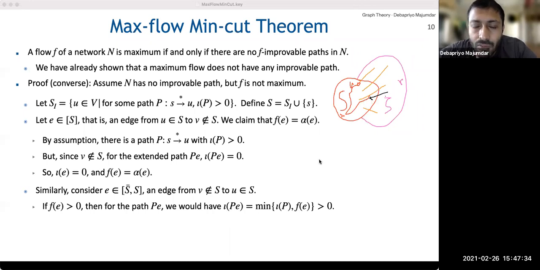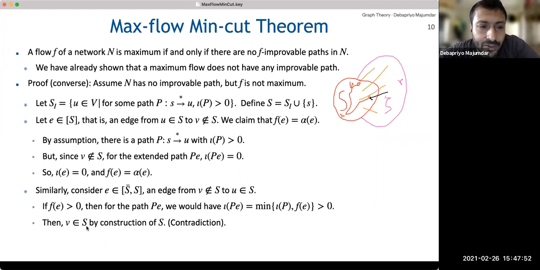Essentially, what it means is that I can decrease the flow. Well, there should not be anything to decrease here, and that is why. Then in that case, obviously, iota of PE would have been positive, and then this vertex by construction would have been a part of it. So then V should have been a part of S by construction. Right? So that's a contradiction.